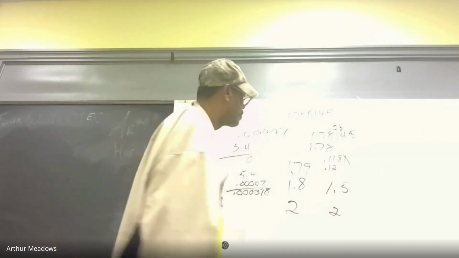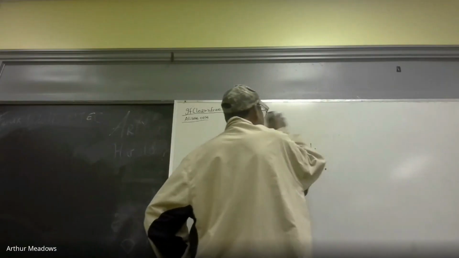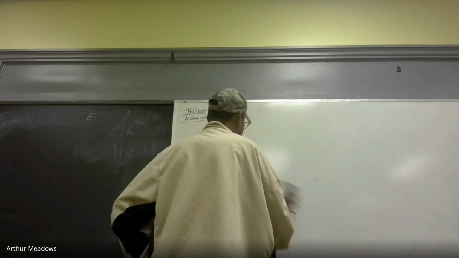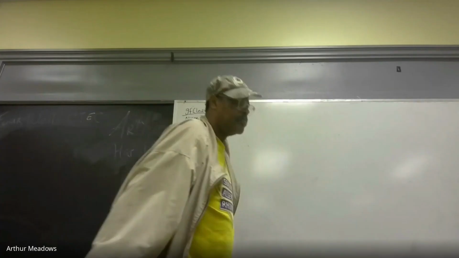So Mr. Meadows, I'm gonna keep it simple for you and keep it cool. Number 10 is 185.039. So if I round it to the nearest hundredth, that would just be 185.40.